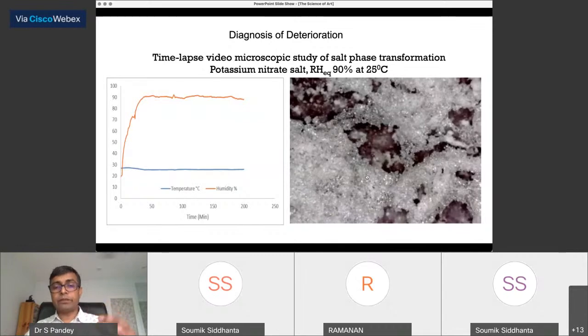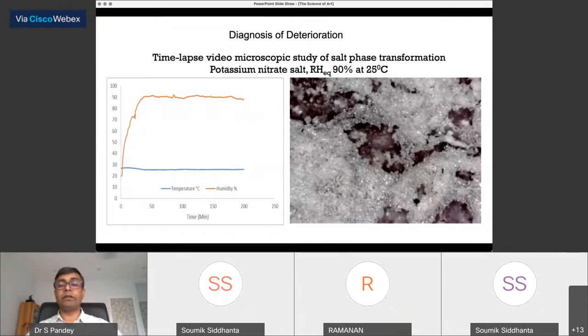So the damage in case of cultural heritage by salts depends on how often they change their phases. And therefore, this kind of scenario where the change is happening on a very short time scale can lead to catastrophic crystallization and massive damage to cultural heritage.